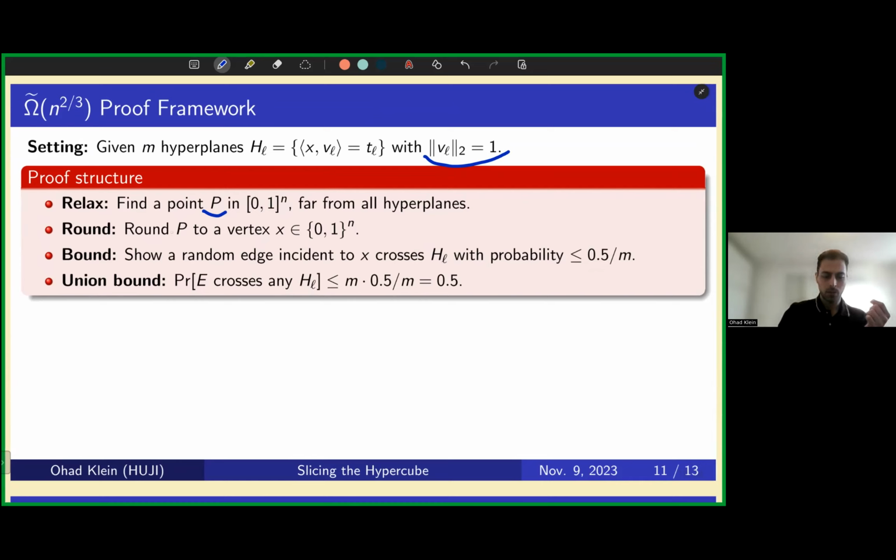Then we round P to a proper vertex in the cube. And then we need to show that the probability of this random edge to cross any particular hyperplane is smaller than 1 over m. If we do that, we can use the union bound to show that the probability that the edge will cross any hyperplane is smaller than 1.